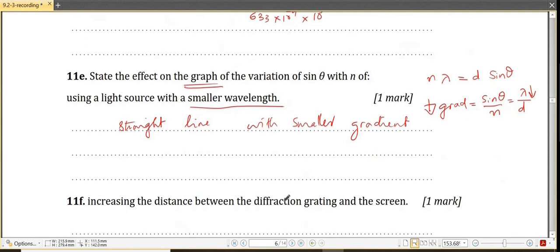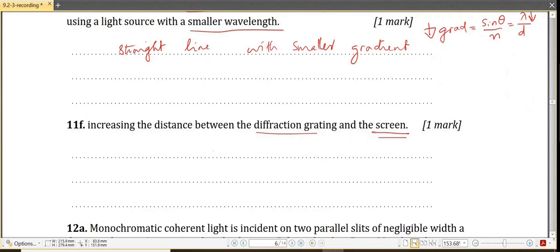Now, again the question is asking for the effect on the graph when you increase the distance between the diffraction grating and the screen. Let's look at this equation. Does it contain any capital D? Because that's what the distance between the slits and the screen is, capital D, and this is not relevant here. Therefore, we'll say no change. Okay. Is that clear for you?